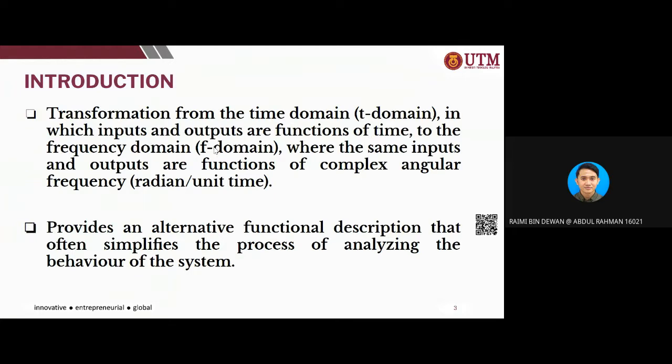To the frequency domain, which is our F domain, where the same inputs and outputs are a function of complex angular frequency, which is radian per unit time. So later on we will see it provides an alternative functional description that often simplifies the process of analyzing the behavior of the system.